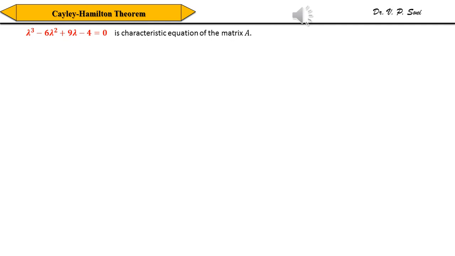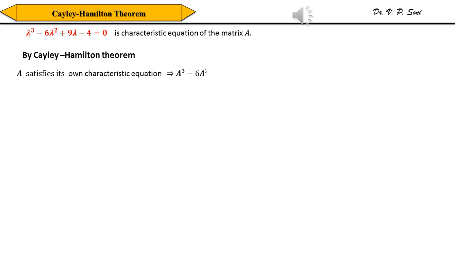Now by Cayley-Hamilton theorem, A satisfies its own characteristic equation. This implies A cube minus 6A square plus 9A minus 4I equal to 0. Let us verify A cube minus 6A square plus 9A minus 4I equal to 0. First we find A square.